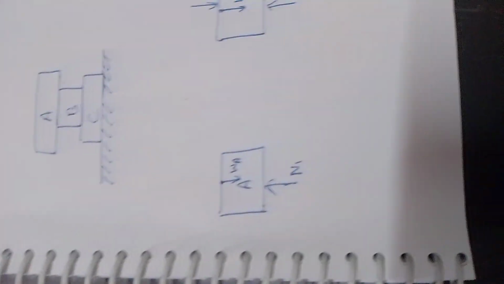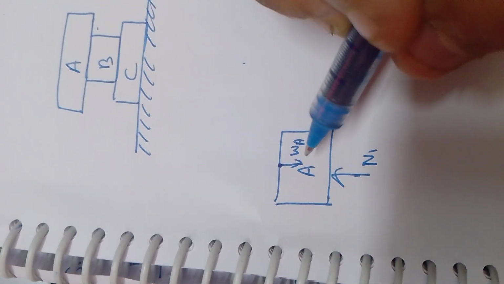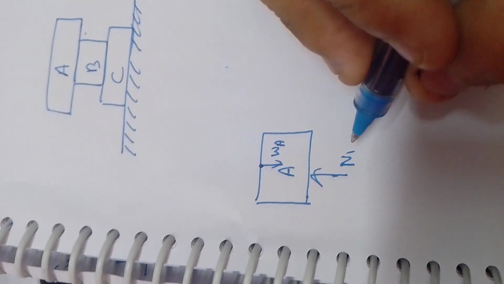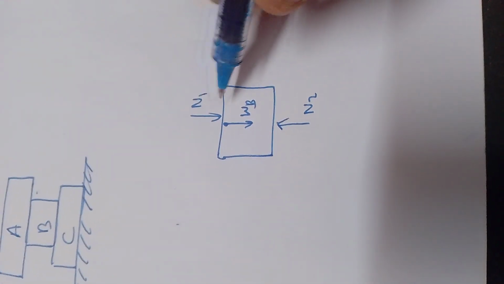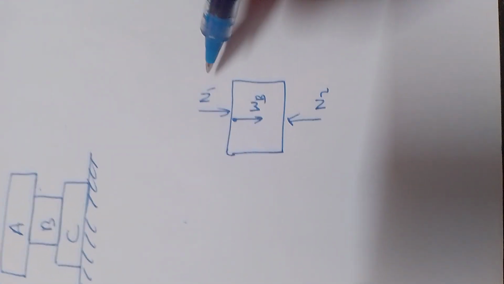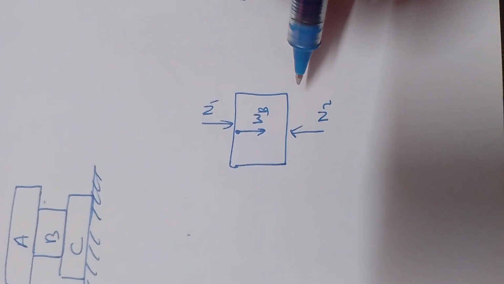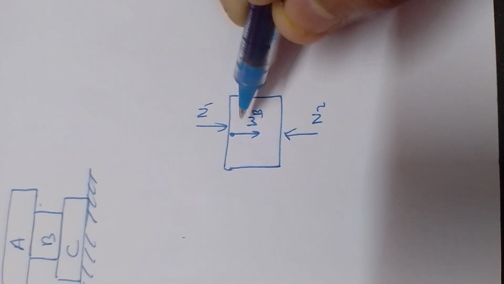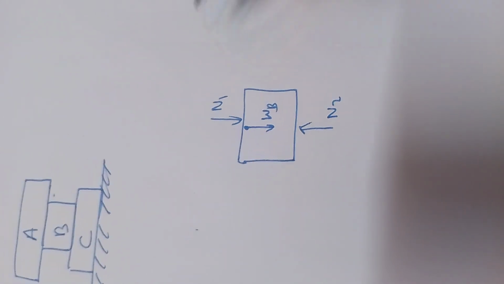So let's see the free body diagram of the block A. The weight of A is applied on A, and the normal reaction N1 is the normal reaction between A and B exerted on A. Free body diagram of B: normal reaction N1 applied by the block A, normal reaction N2 applied by the block C on block B, and the weight force of the block B.